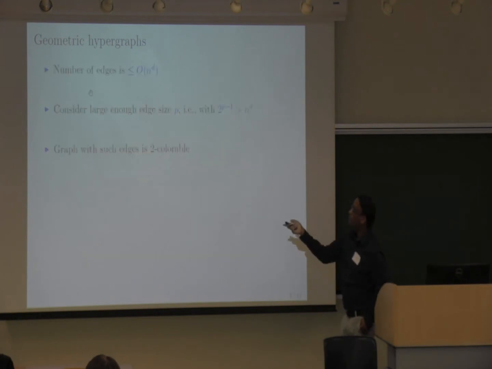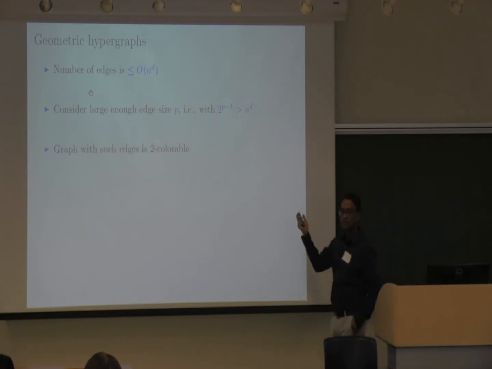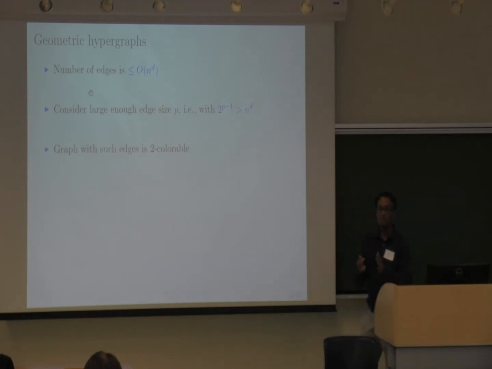So the nice property about geometric hypergraphs is that the number of edges is not too large. If they're defined using n points or n figures, then the number of edges is at most n^d, where d is the shatter dimension, which is usually some small function of the dimension. So it's at most polynomial if the dimension is constant.